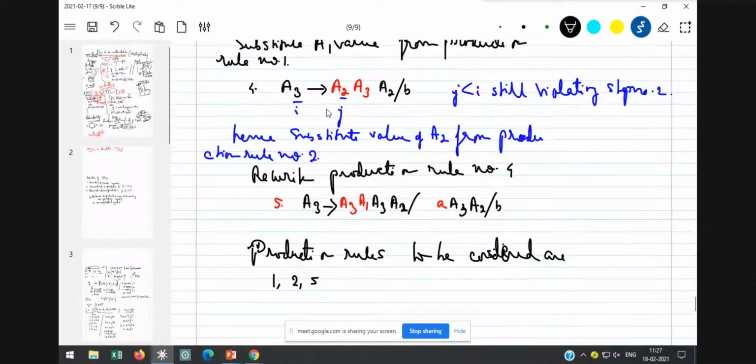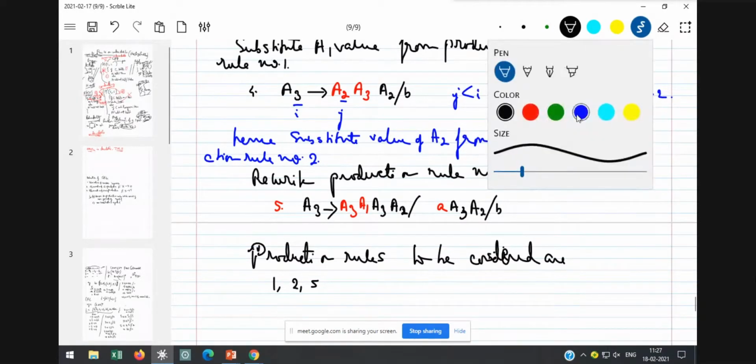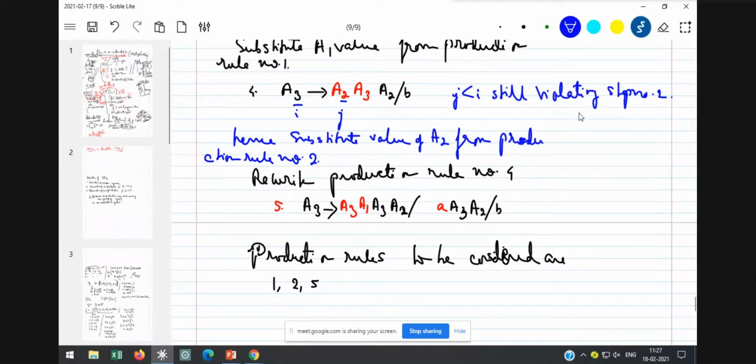Okay. Now again, after this substitution method, I need to check whether this is violating any step number 2 format. This is 3, this is 3. Okay, and this begins with terminal, so this is not violating.